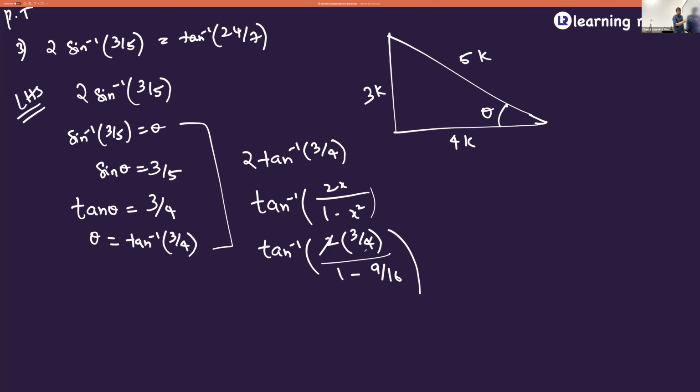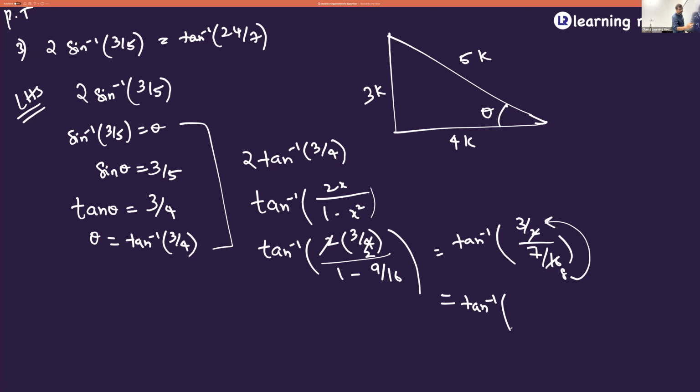So this will cancel this 2 times. So this will be tan inverse of 3 by 2 divided by 16 minus 9 is 7, 7 divided by 16. This will cancel this 8 times. 8 will go to the numerator. So tan inverse of 3 into 8 is 24 and you're left with 7 in the denominator. That is what they asked.